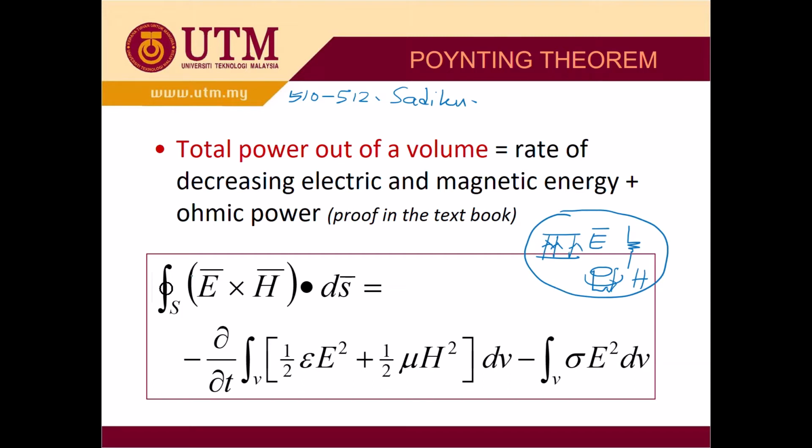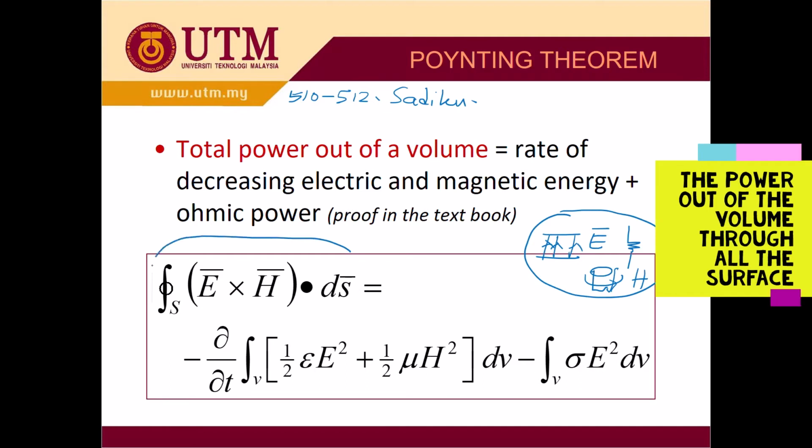So here, the power leaving the volume is equal to the rate of decrease in energy stored in the electric and magnetic fields, because we have the negative sign here, and also the ohmic power dissipated. We have another negative sign.